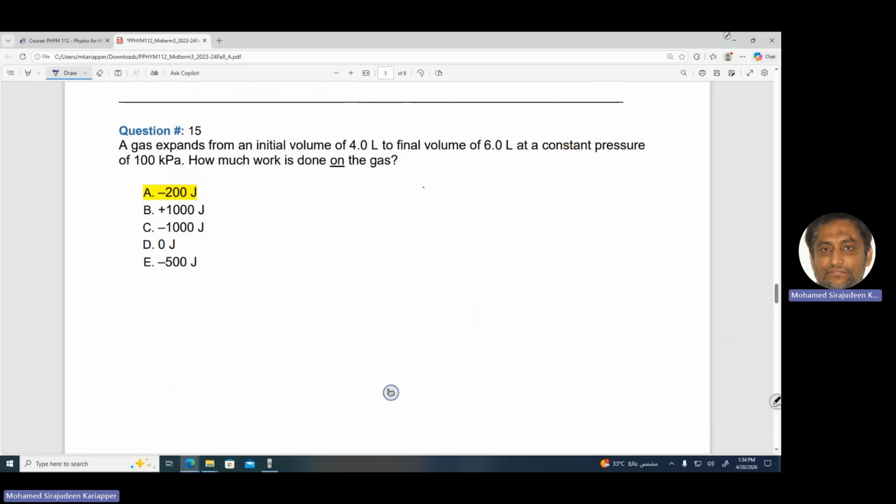Right. Constant pressure, the work done is given by this equation. You don't need to get to area or anything. This equation is valid only for constant pressure. The work done on the gas is given by this equation. So you just substitute.